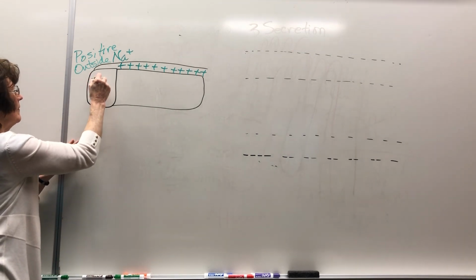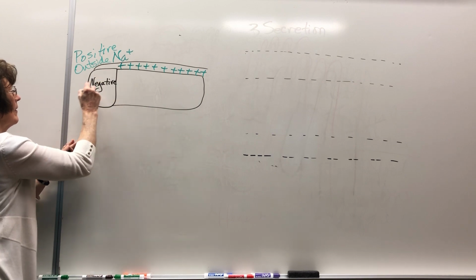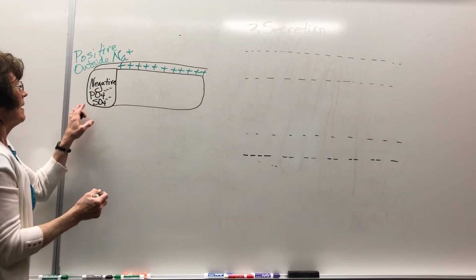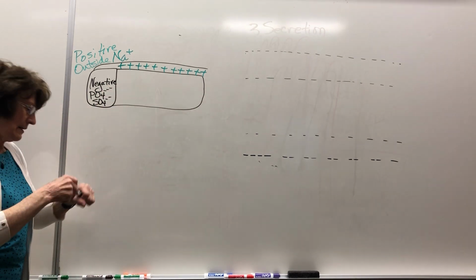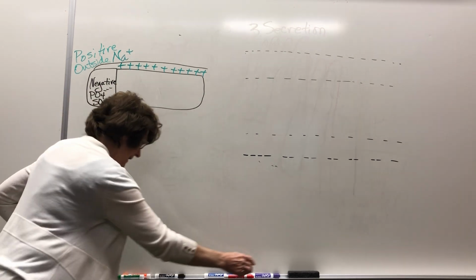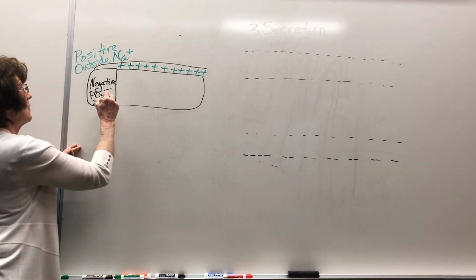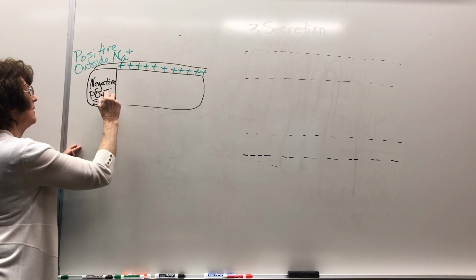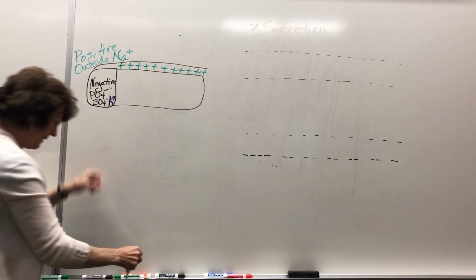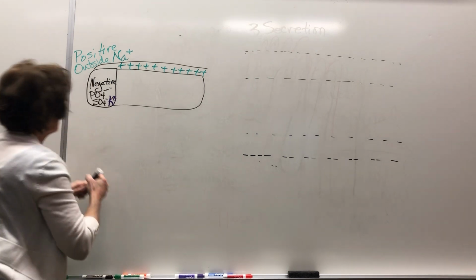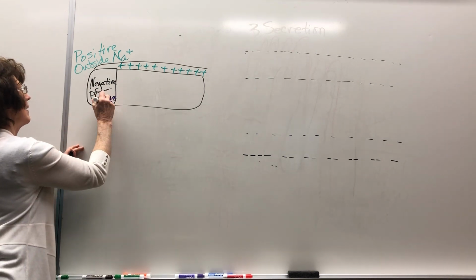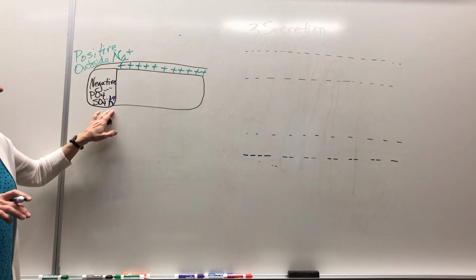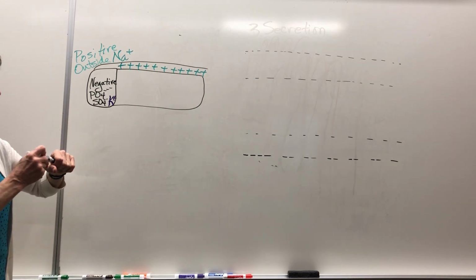So this is negative. But there is potassium in here. I'm going to put potassium right in the corner. And so maybe I'll just make that change so that you can see it better. And there we've got potassium. Now when we've got potassium, that's an important feature because we're going to see the change here in just a moment.